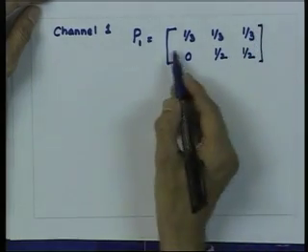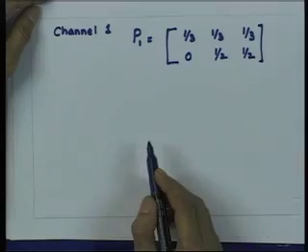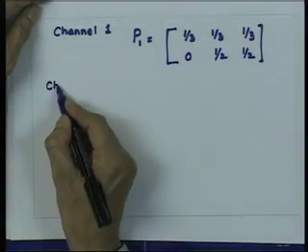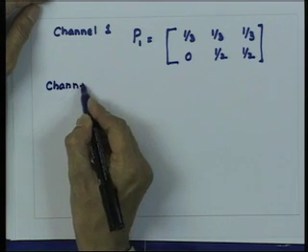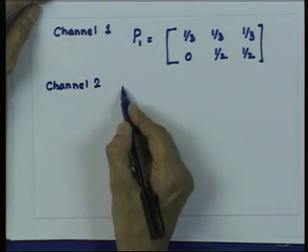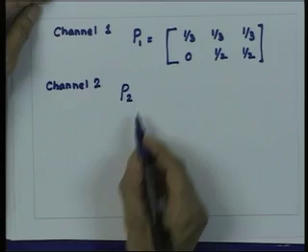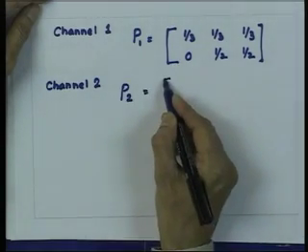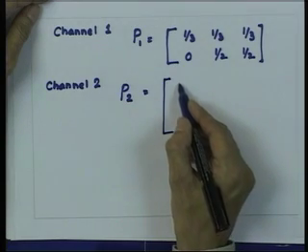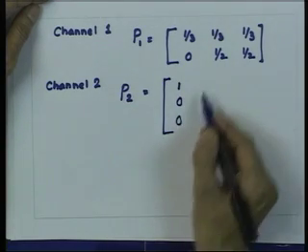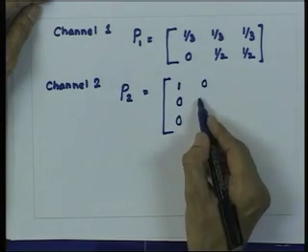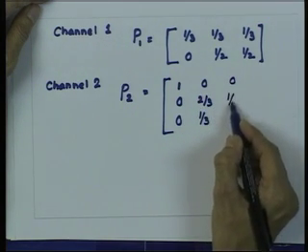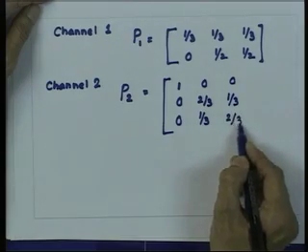So, this channel has 2 inputs and 3 outputs, and this channel is cascaded with another channel, channel 2, with the channel matrix given by P2 equal to 1, 0, 0, 0, 2/3, 1/3, 0, 1/3, 2/3.